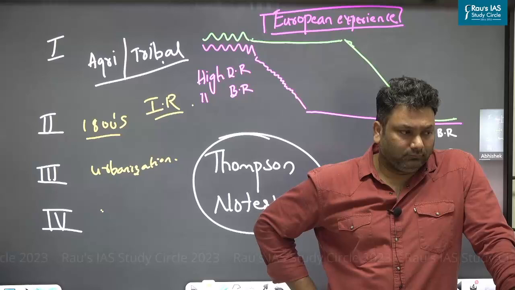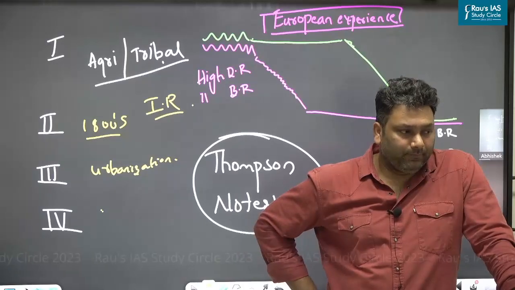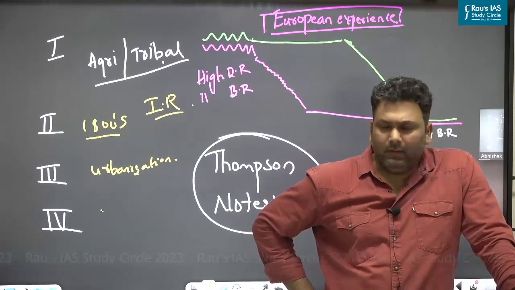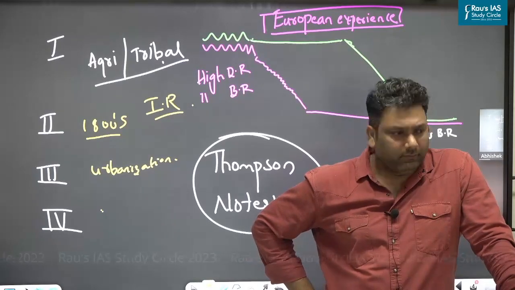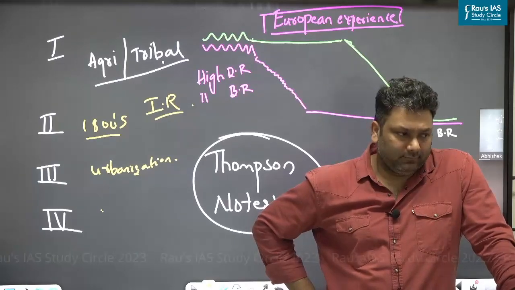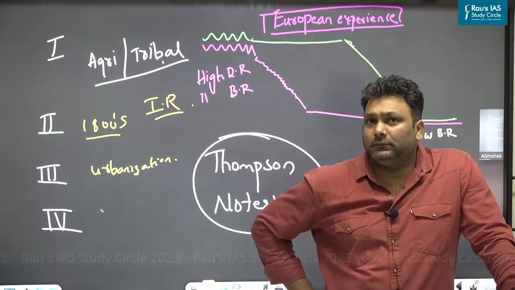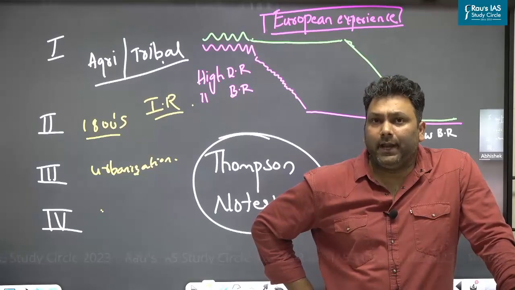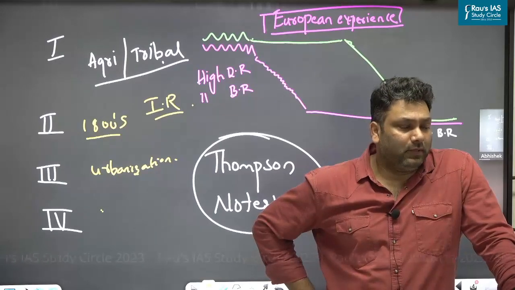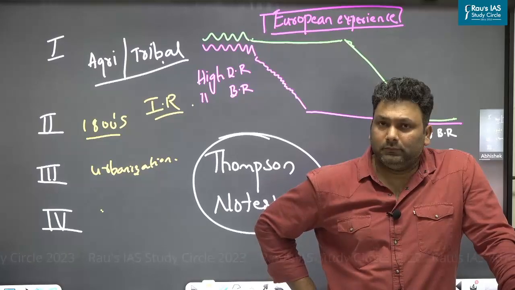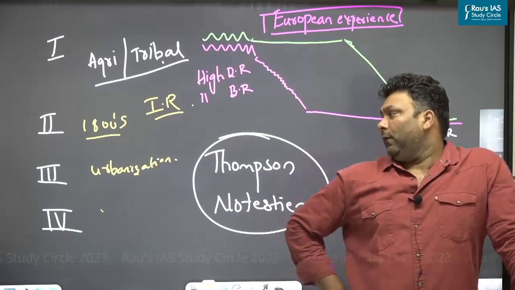The theory is based on the interpretation of the demographic history developed in 1929 by American demographer Warren Thompson.